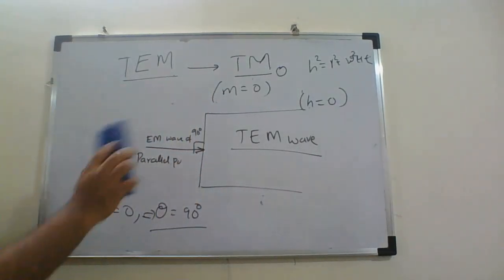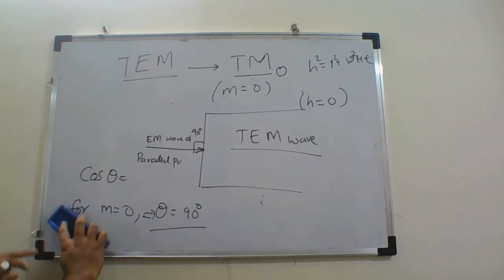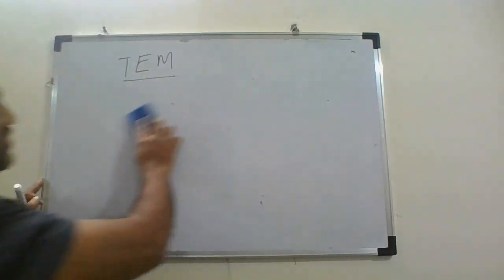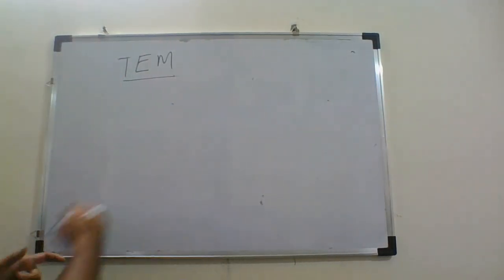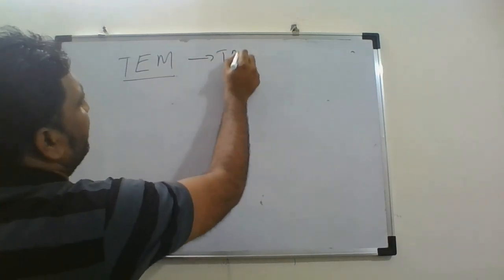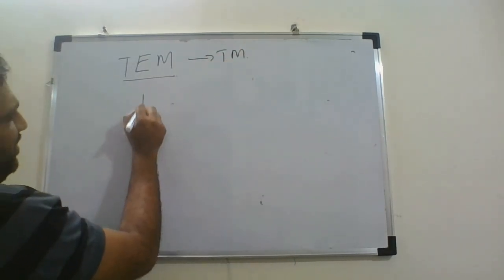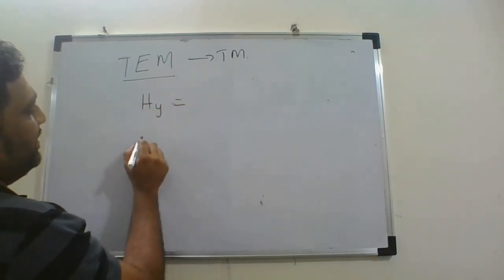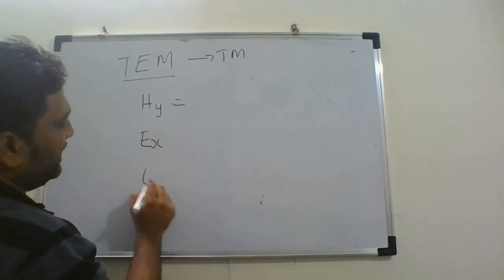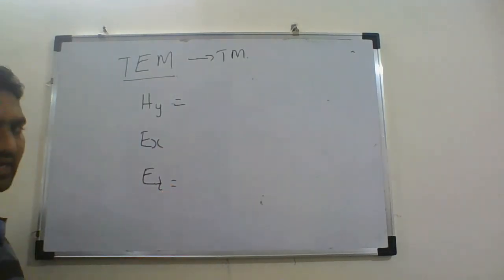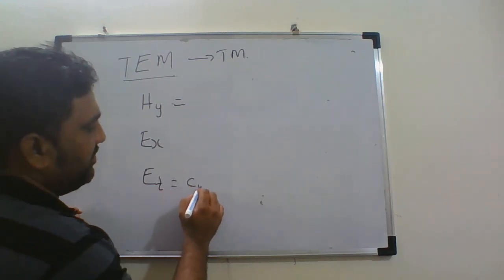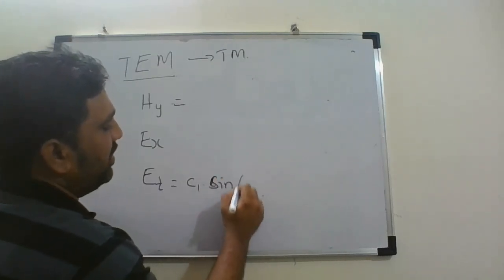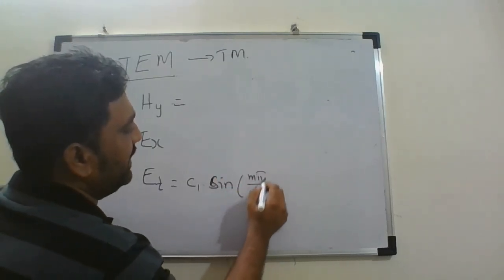Now, what are the field equations for the TEM wave? As I said, this TEM wave is nothing but a special case of TM wave. For the TM wave, the field components are given by Hy, Ex, and Ez. Ez is equal to C1 sine of m pi by d into x.